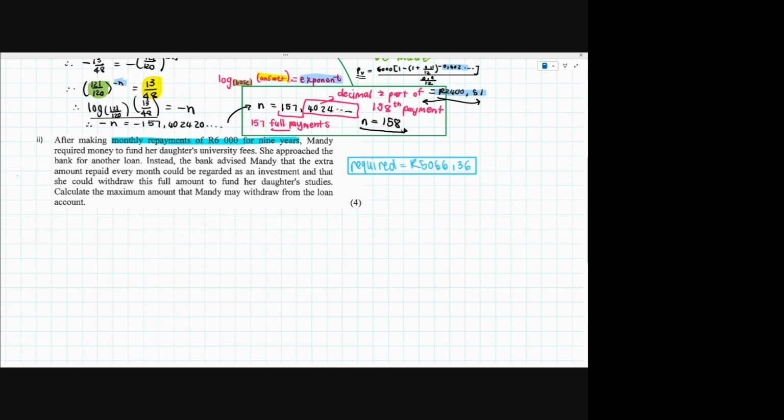So instead of the bank, she's got this investment, etc. The key thing here is the fact that we're now moving into an investment scenario. So we're now moving into a scenario where it is appropriate for me to be using my future value formula. This is future value. It's an investment.